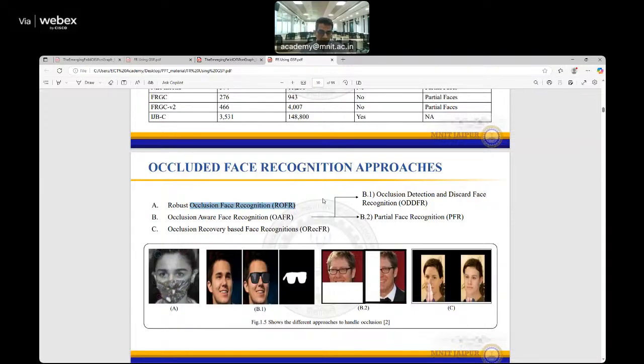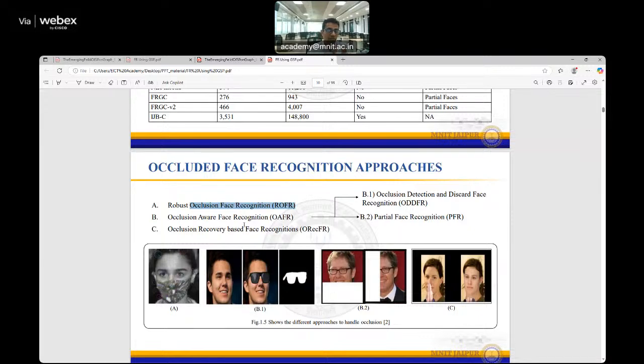While in occlusion aware, see what we do? We detect the occlusion and discard that part from face recognition. We actually remove that area, so only the partial face is available. In robust occlusion, the full face is available; even if something is occluded, it will be used for the training.